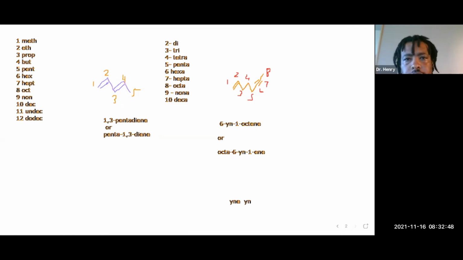Okay, so let's see if you guys can help me out here. I'm going to put up one of the hydrocarbons, and then you can let me know if you can do the nomenclature. So we'll start simple.